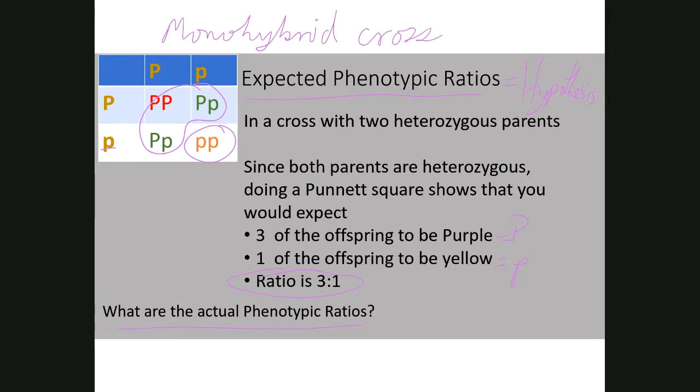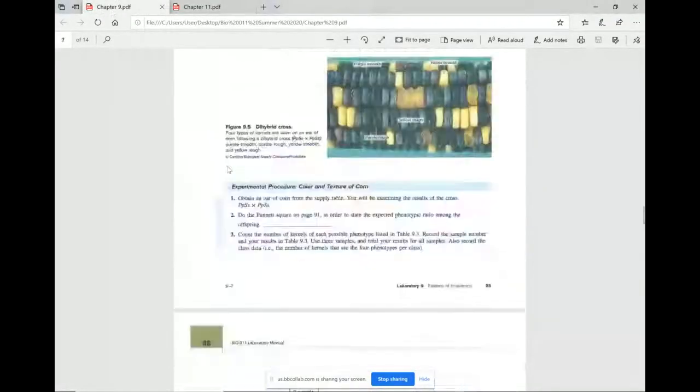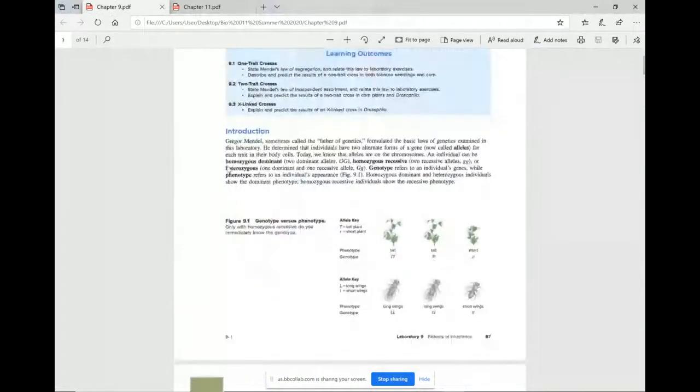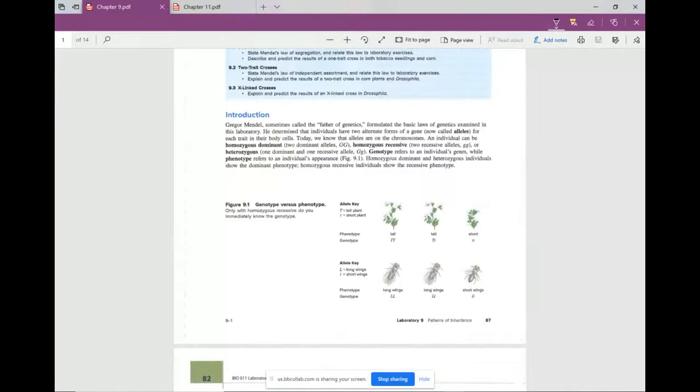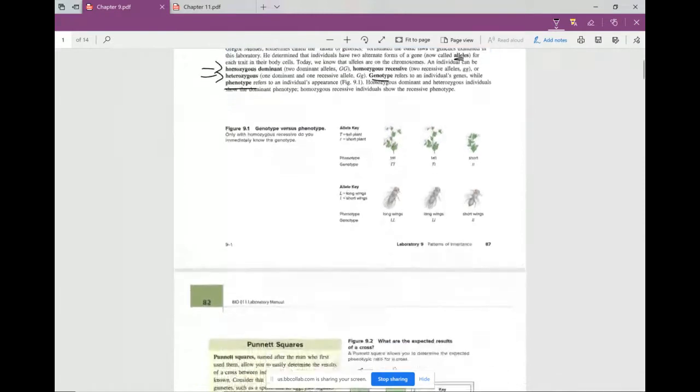Okay, so let me just take a look at the lab manual so that we don't get too far into it. Okay, so we discussed this and that: homozygous recessive, genotype, phenotype. We talked about what an allele is.